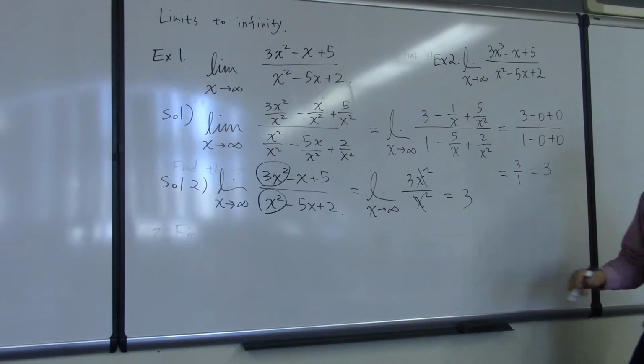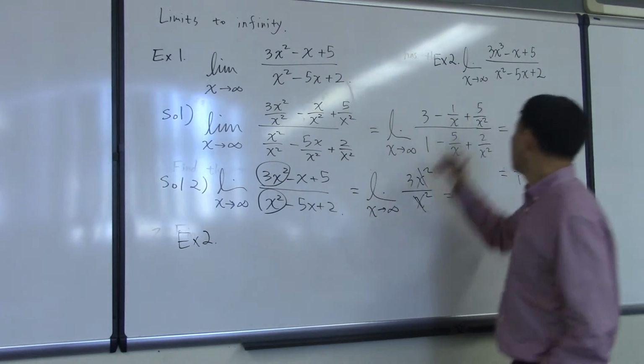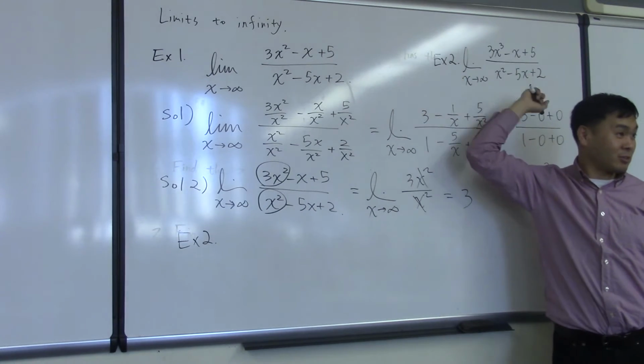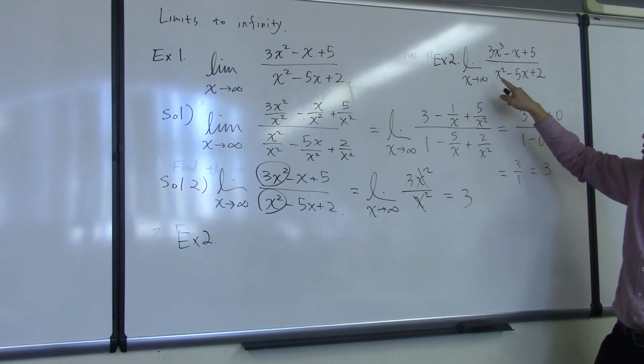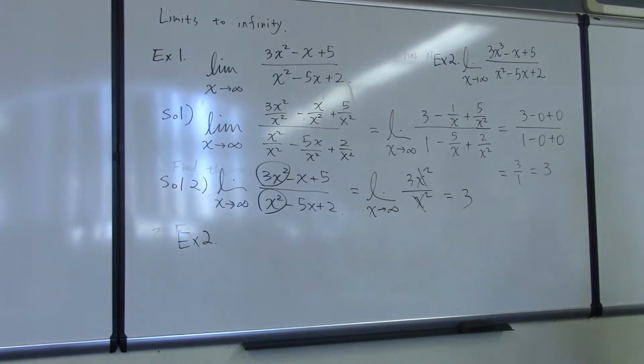Okay? So for example 2, I mean, they look very similar. What's different from this question and that question? The exponent, right? This is cubed, whereas that was squared. Other than that, I wrote the exact same question.